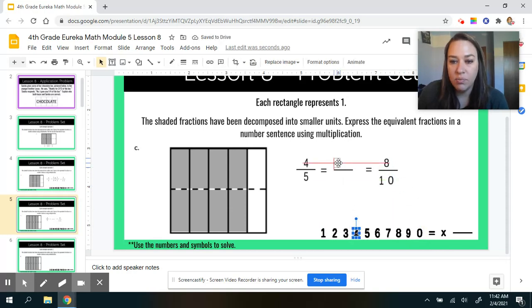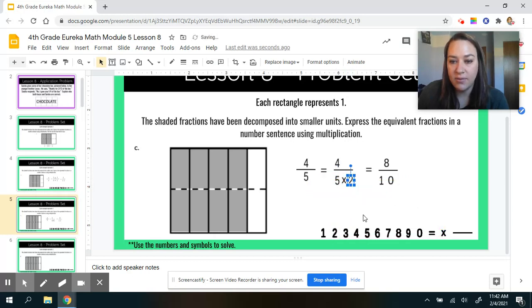So what do I need to multiply by for my 5 times what equals 10? That's what you can use too, but then if we look at that area model, how many rows did they make? 1, 2. 5 times 2 gets me 10. So that'll help you too, just those basic facts.